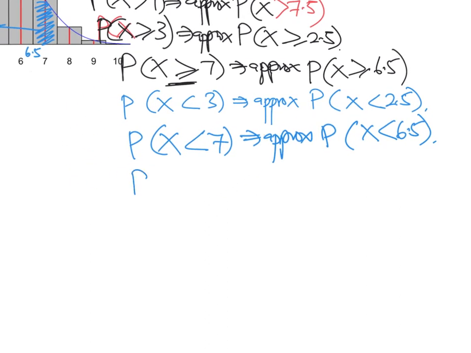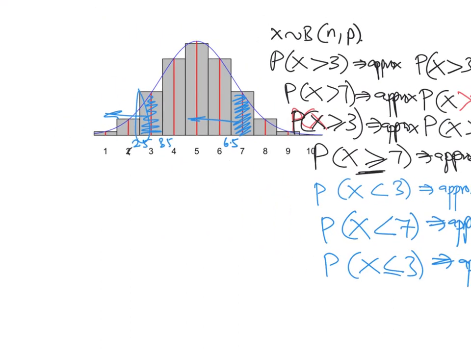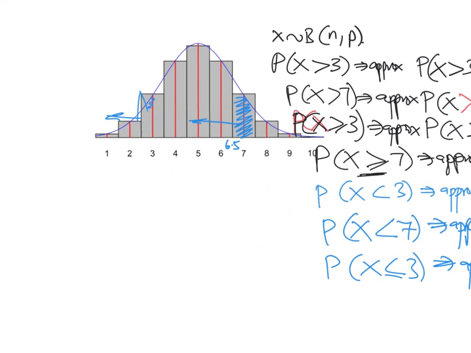Now what is the probability for X less than or equal to 3? I'm using the same value, X less than or equal to 3, and I can approximate this using the normal distribution. This is the bar chart that has 3 as the binomial value. What is my first value?